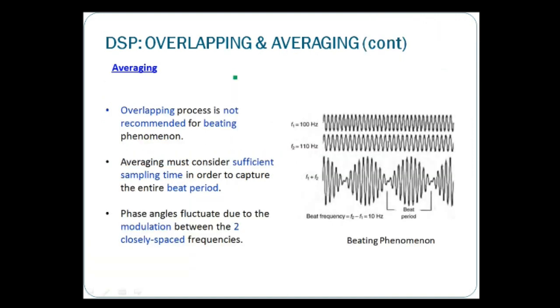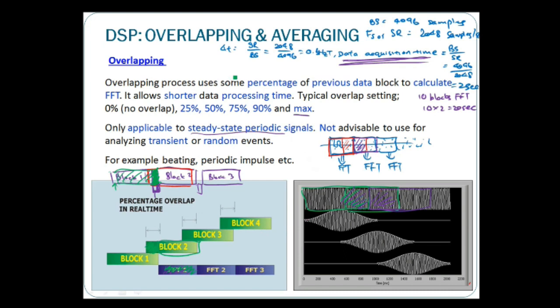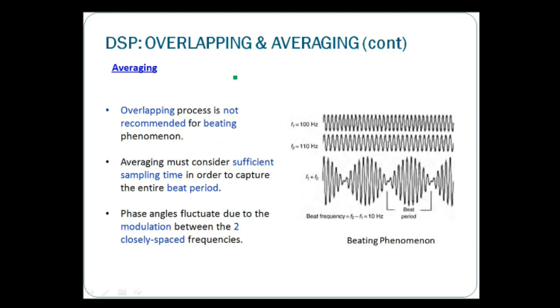So why I said overlapping process is not recommended when your signal is not steady, or is transient or random events. So take this example when your overlapping is not suitable.